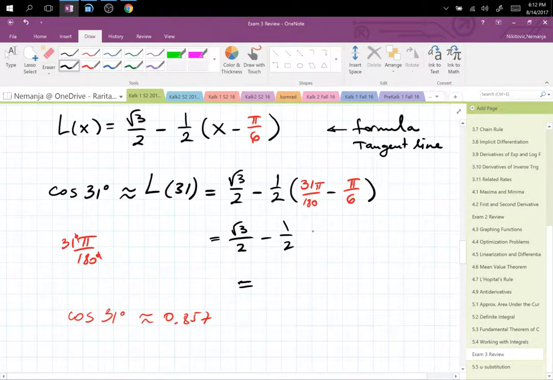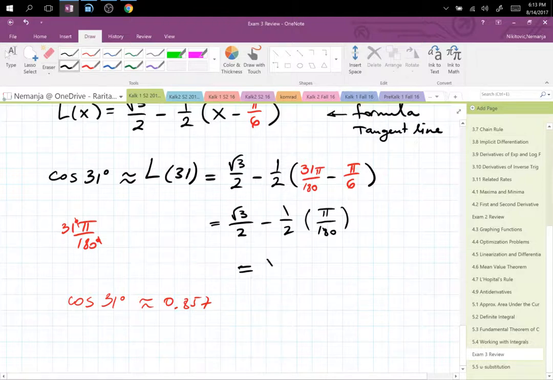I need a common denominator here, which is times 30. So it becomes pi over 180. So root 3 over 2 minus pi over 360.